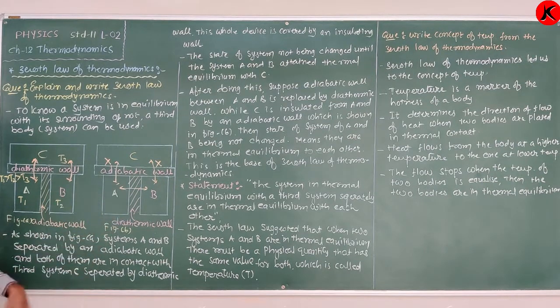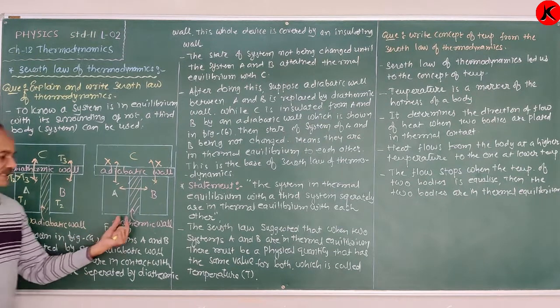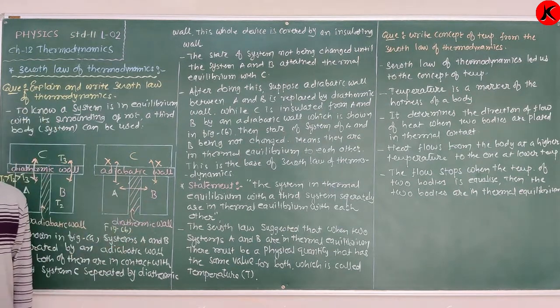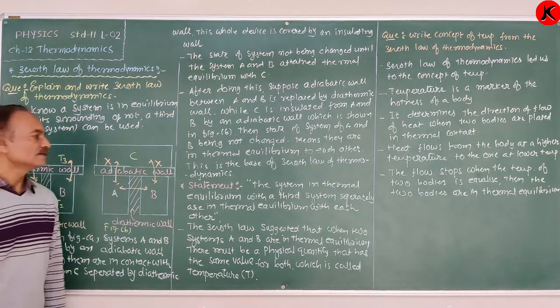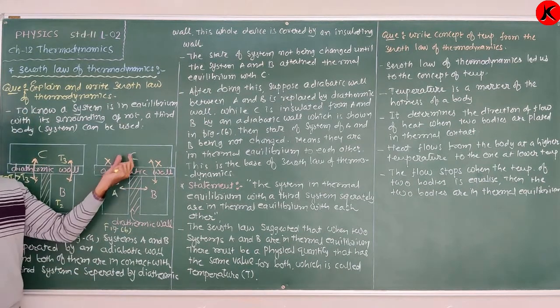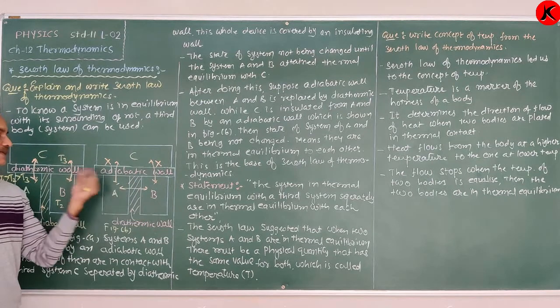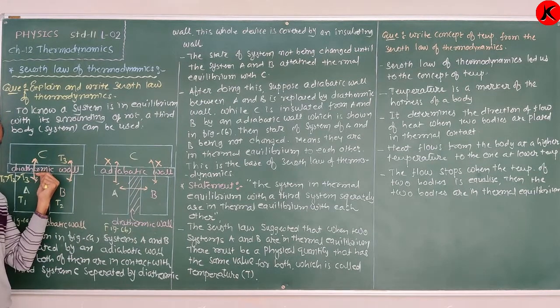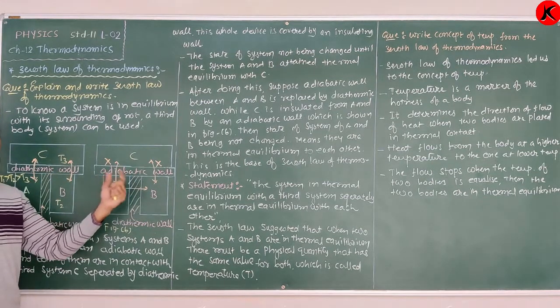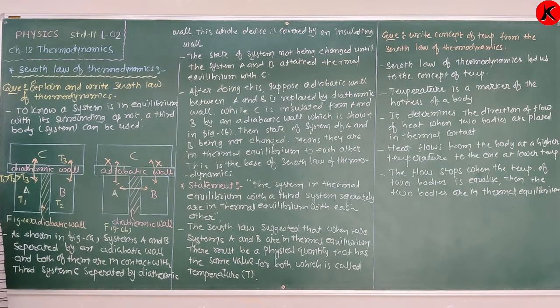Again, as shown in figure B, we replace the wall separating systems A and B, the adiabatic wall, by a diathermic wall, that means a conducting wall. And the wall between the third system C and A and B, this diathermic conducting wall, is replaced by an adiabatic wall, that means a non-conducting wall.